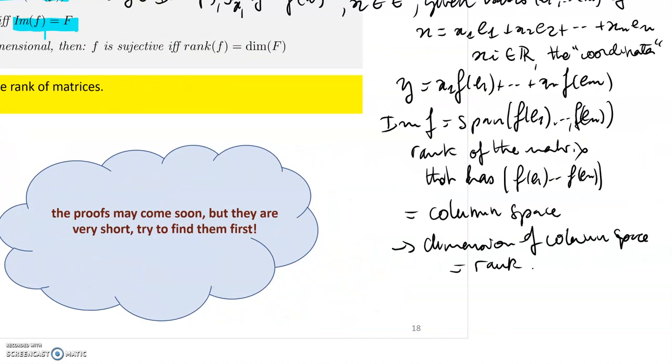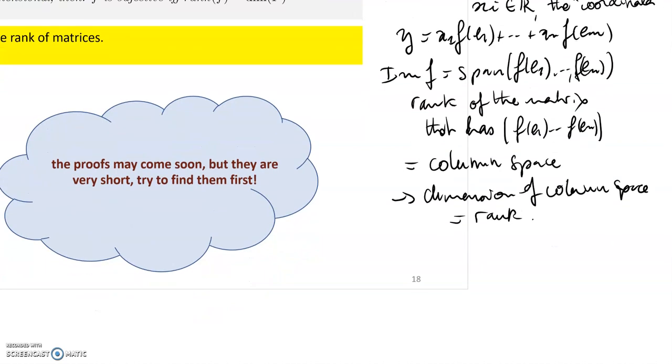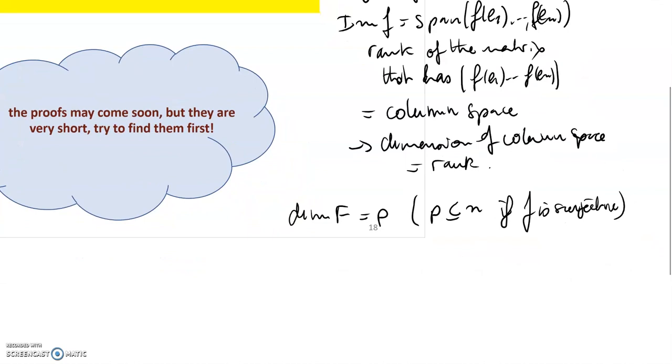It just comes from the Grassmann formula and the consequences of the Grassmann formula, which more or less tells you that if you've got a finite dimensional space, let's put that the dimension of F is equal to p. It doesn't have to be equal to n. What I know, on the other hand, is that p is smaller or equal to n if f is surjective. Why do I know this?